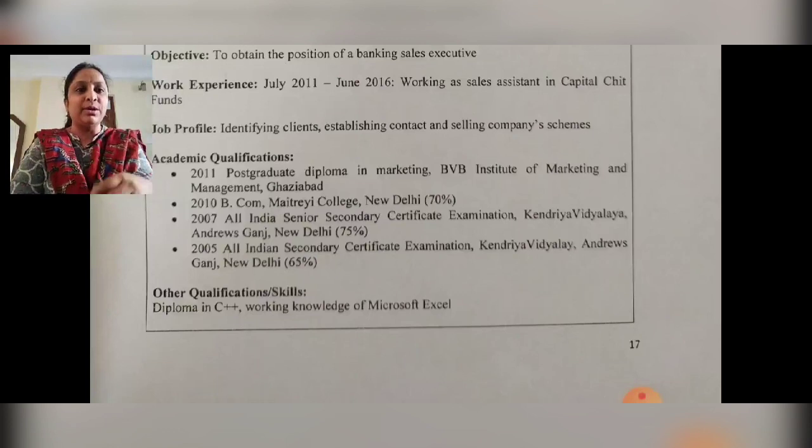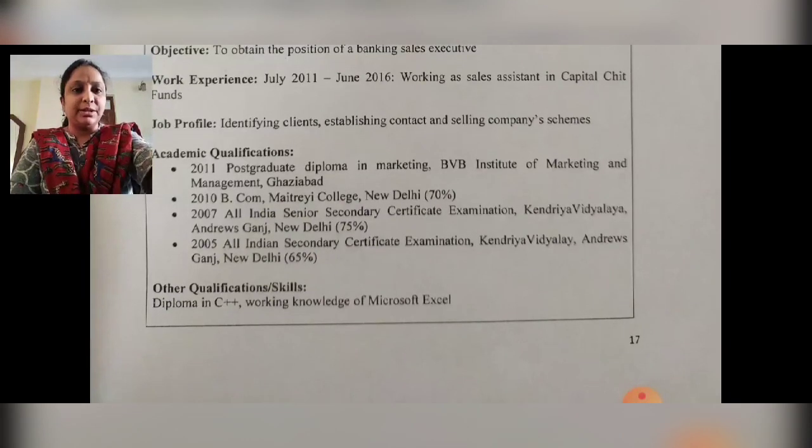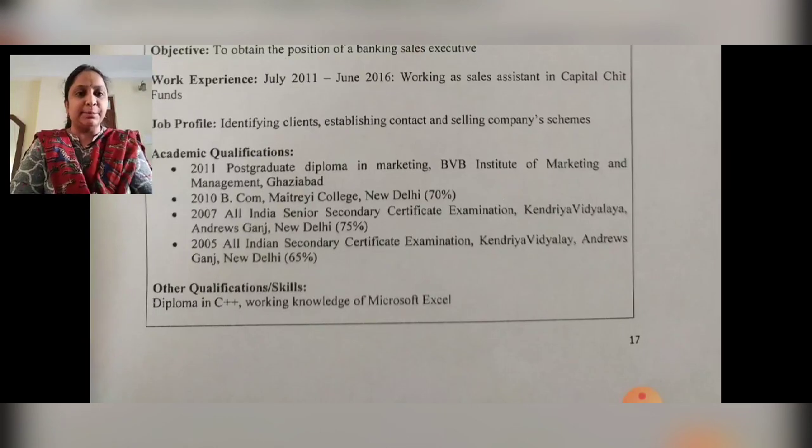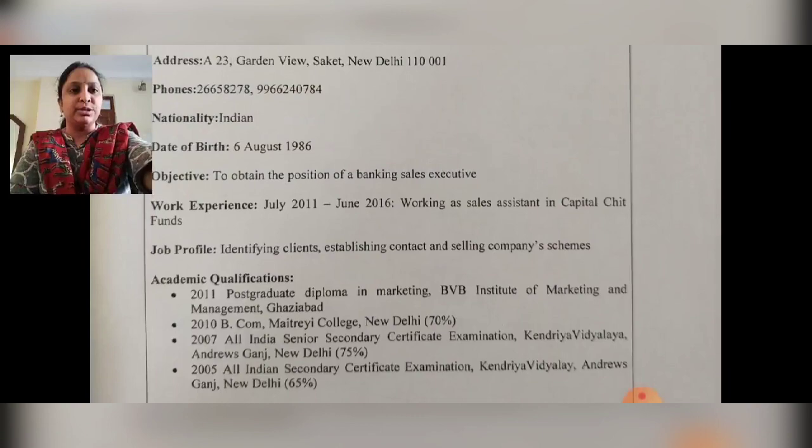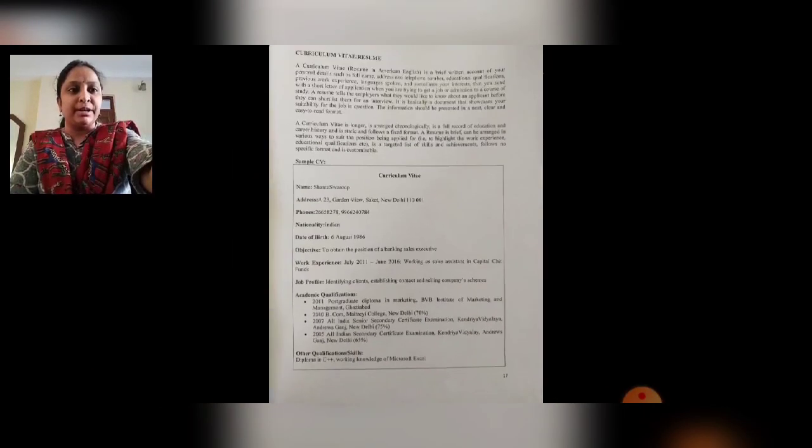In this way you write, and you can even write your percentage in brackets. The other qualifications are like diploma in C++, working knowledge of Microsoft Excel, whatever technical skills that you possess, you can include them here. So this is the format of the curriculum vitae.